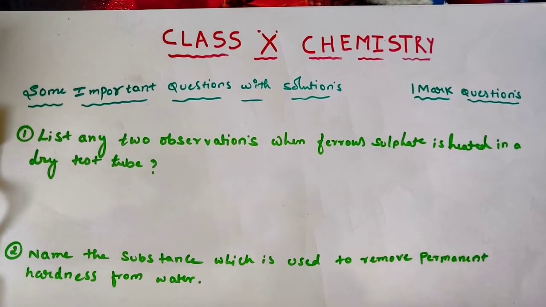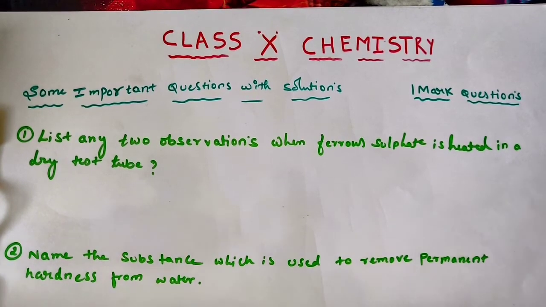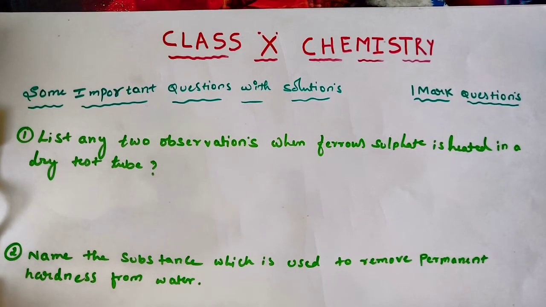In this class, we are going to discuss some important class 10 chemistry questions with solutions for 1 mark. Very firstly, we have: list any two observations when ferrous sulfate is heated in a dry test tube. We know that when ferrous sulfate is heated, decomposition will take place.